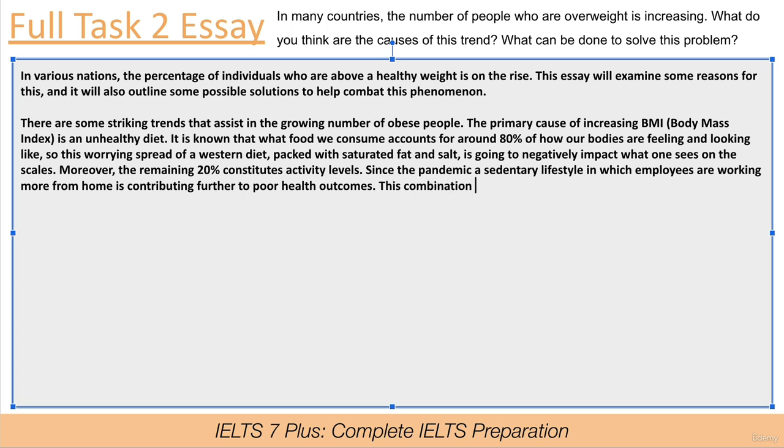This combination of factors is a recipe for disaster in terms of weight.